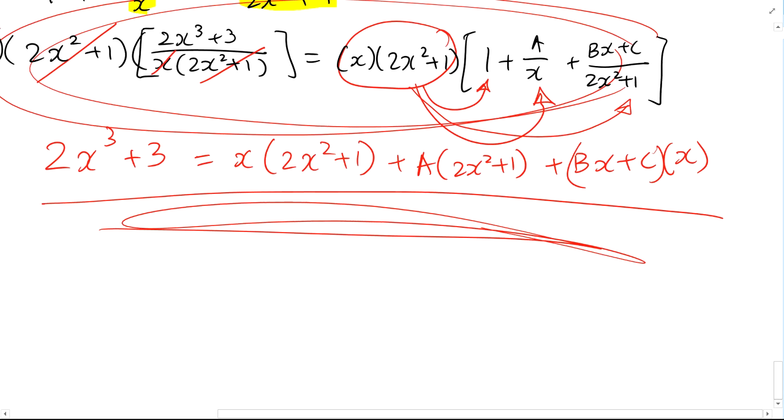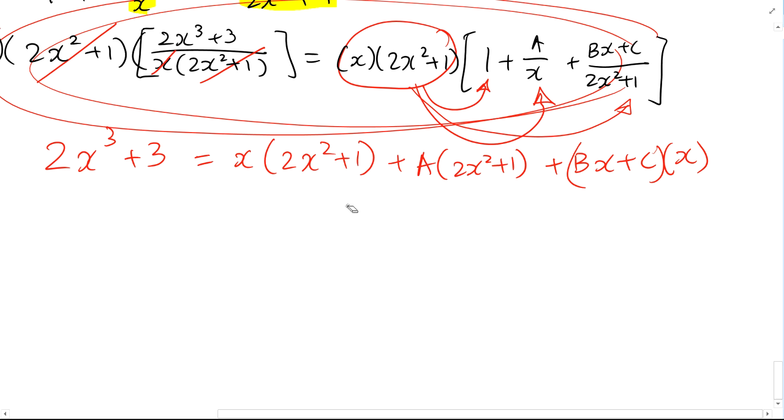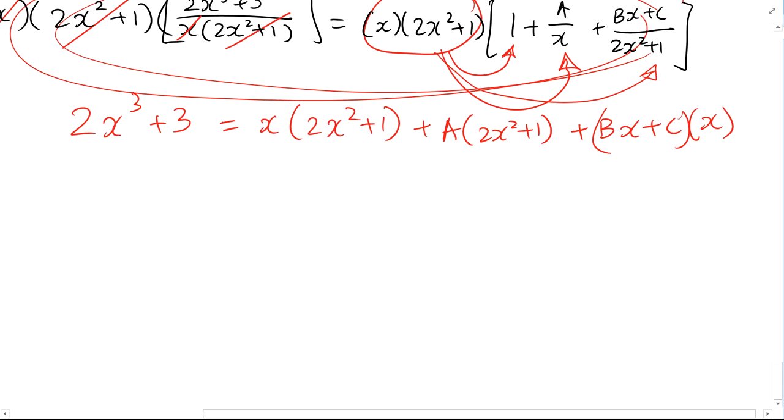Now, what shall we do? I need to find A, B, and C. Since we have this equation very nicely laid out, a test question could look like this, with the three equal signs, and ask you to find A, B, C. So your steps are still the same. I'll just revert it back to the original.